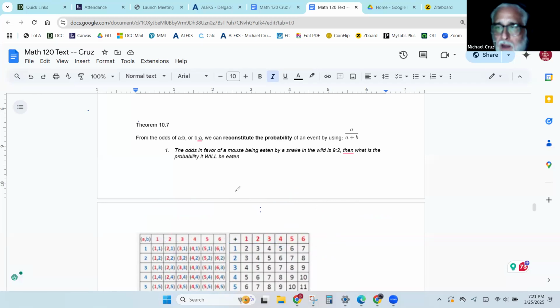So we got here the odds in favor of a mouse being eaten by a snake in the wild is 9-2. Odds in favor. So A is equal to 9, B is equal to 2.